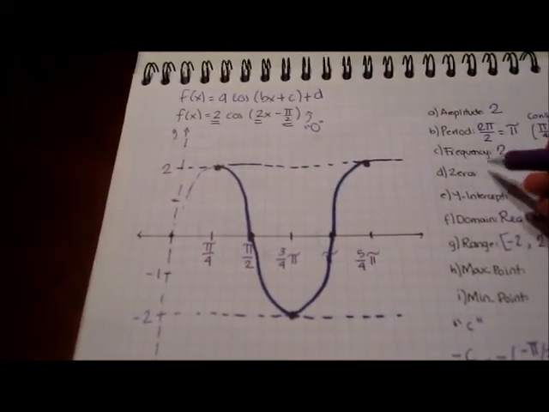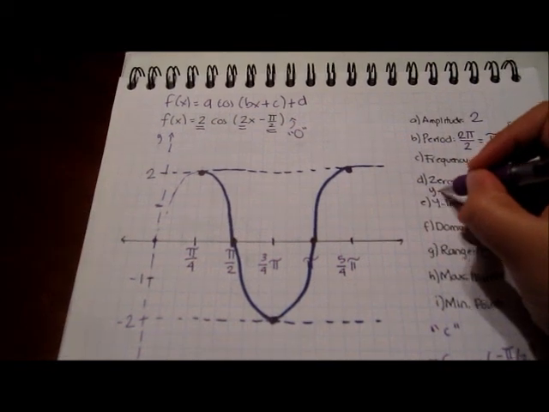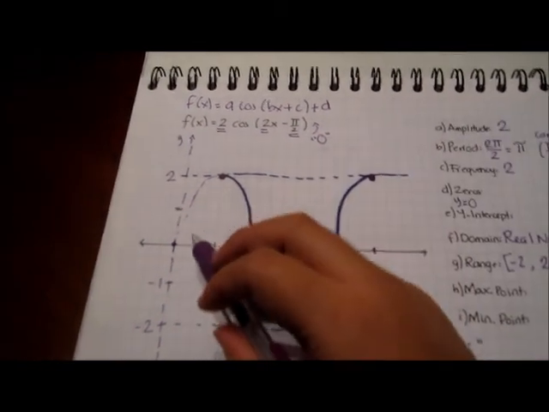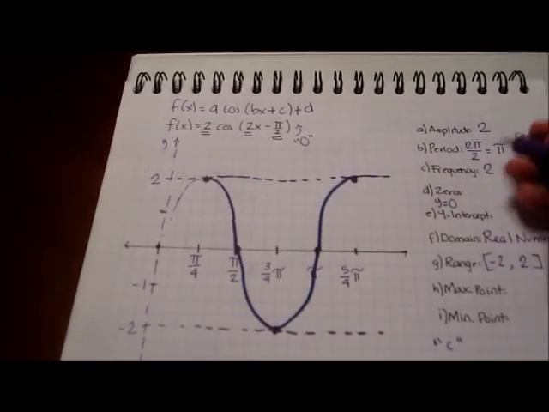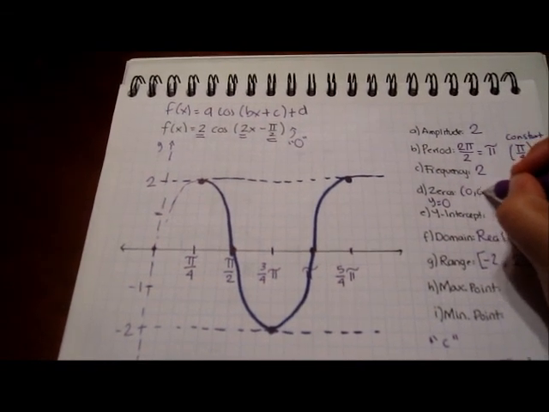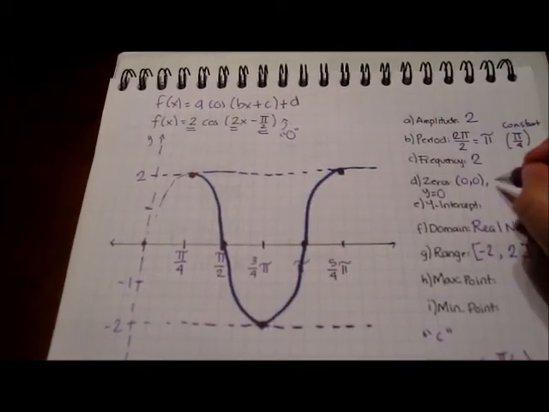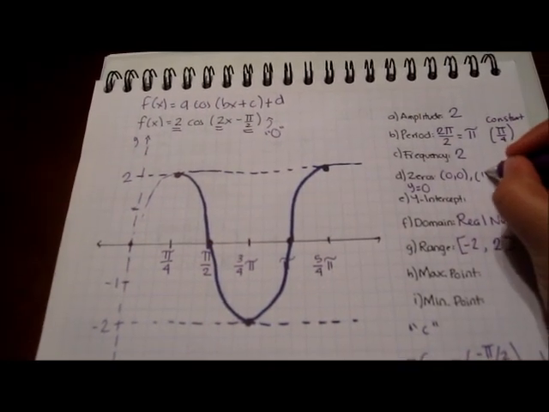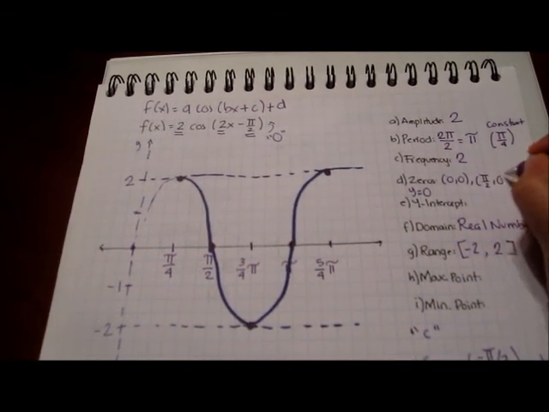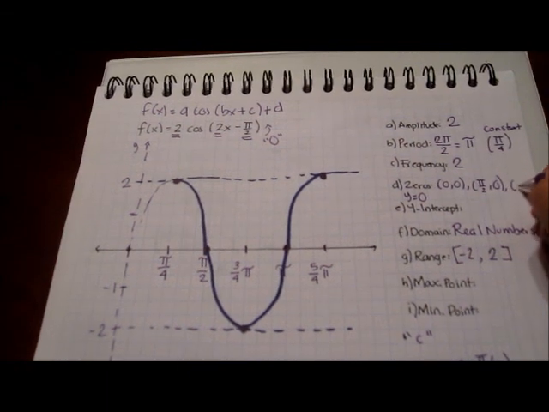My zeros, remember that zeros are when y equals 0. So my first one is 0, 0. Then pi over 2, 0. And finally, pi, 0.